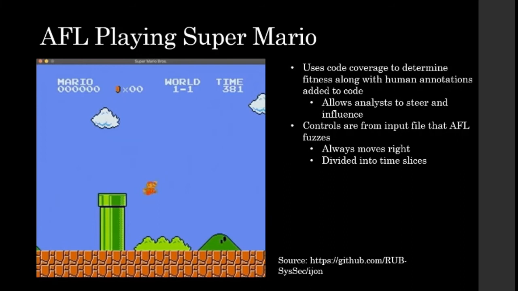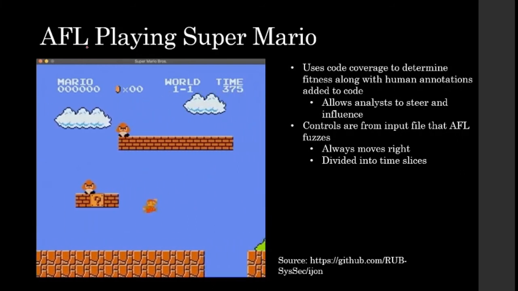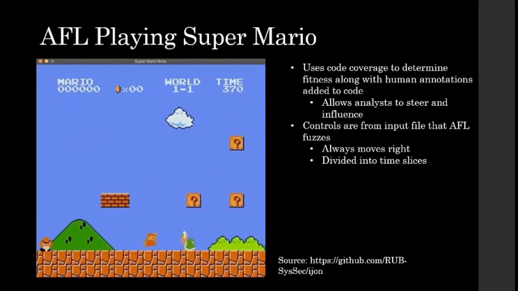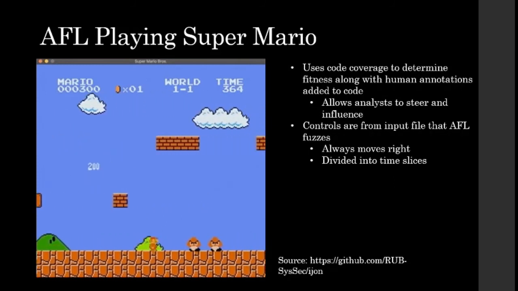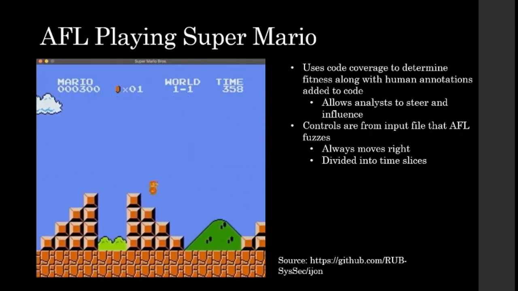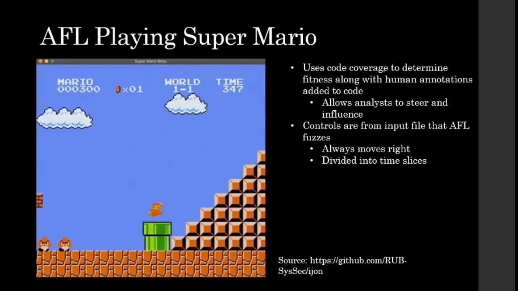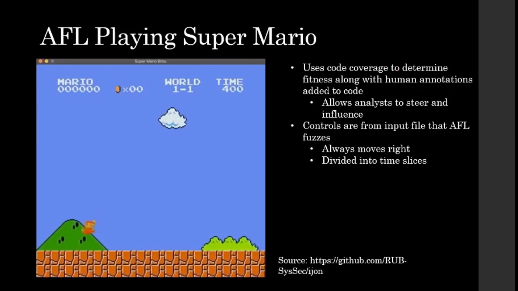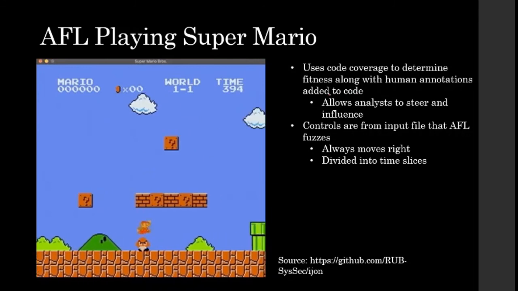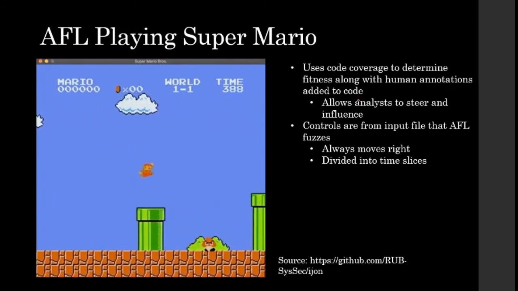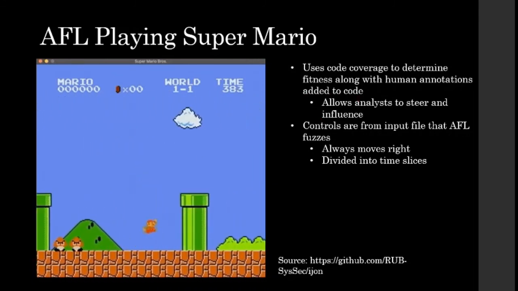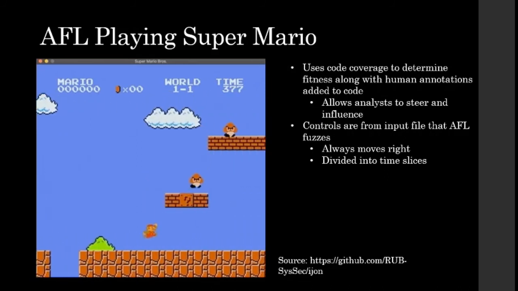The video you're seeing now is that same AFL algorithm previously discussed, adapted to play Super Mario. This is using code coverage, along with some human annotations added to the code, so they can steer the behavior of the AI.